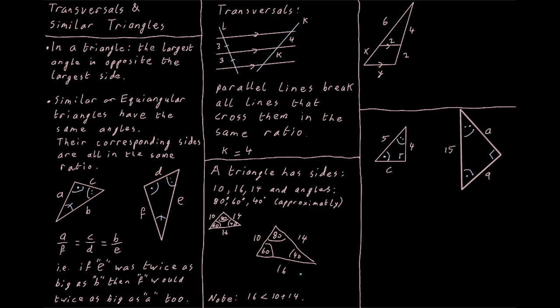Our final point on general facts about triangles for now is going to be, if we look at the side 16, the other two sides of the triangle, to form a triangle, must be able to add up to a bigger length than 16.